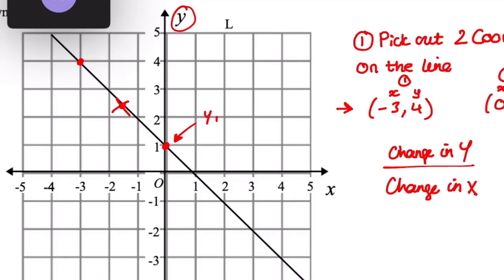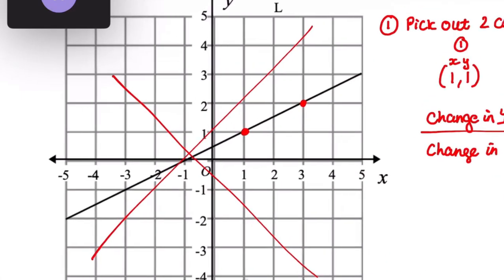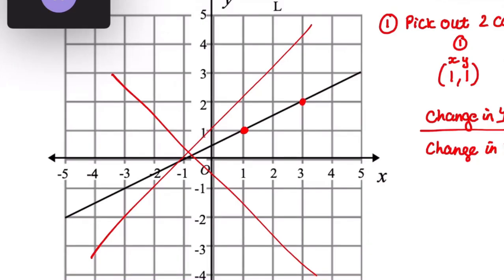So the y-intercept would be 1, because it crosses the y-axis at 1. In this case, this line crosses the y-axis between 0 and 1, so it's around a half. So the y-intercept would be a half.